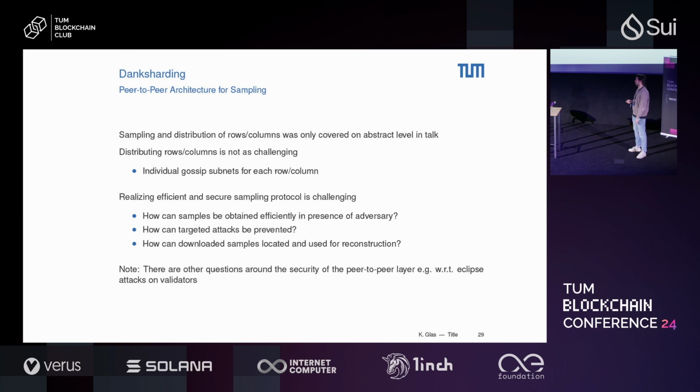So this would also be a highly desirable property of such a protocol. And then just in general, we need some efficient way to locate samples and download them in the presence of an adversary that tries to hinder us from doing so. And so there are some open questions around this. This is currently a work in progress.